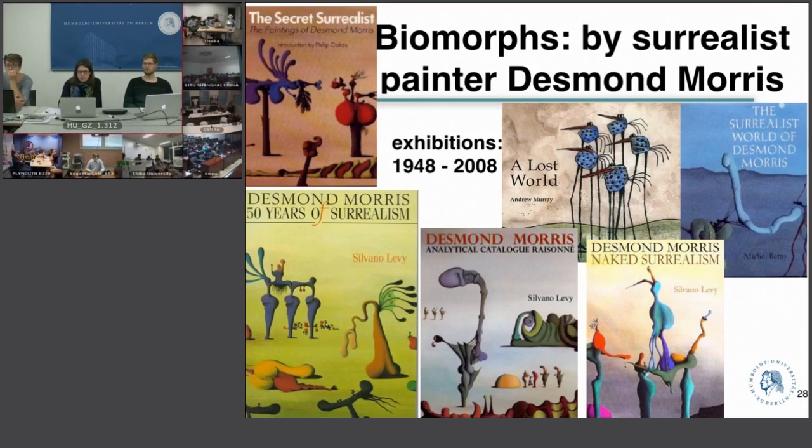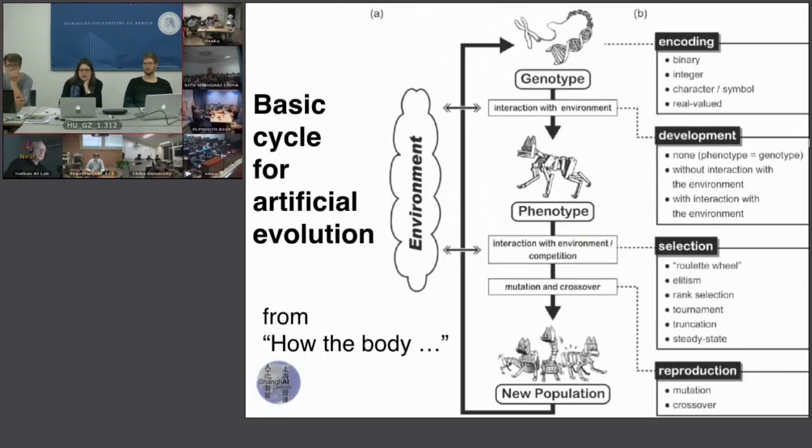So now we're interested in how exactly this whole evolutionary cycle works. The basic cycle for artificial evolution, which you can also look up in the book "How the Body Shapes the Way We Think", starts with the genotype, which is the genetic information of how everything is encoded.